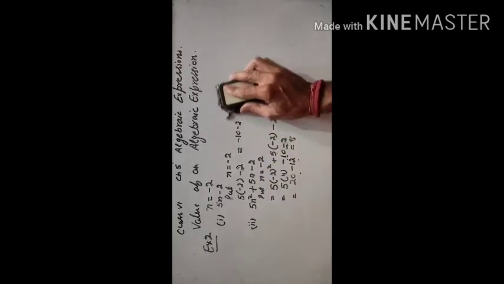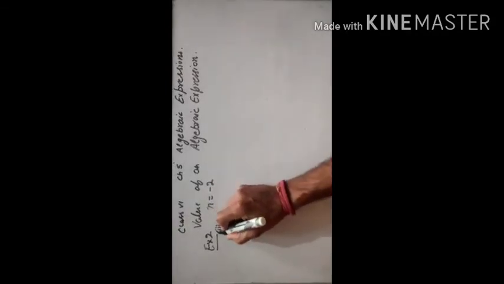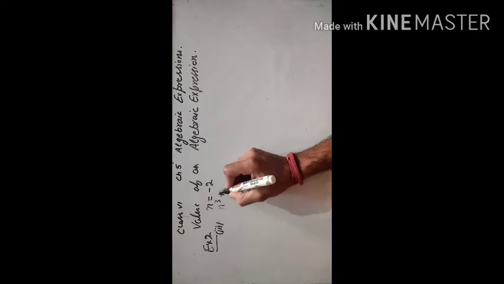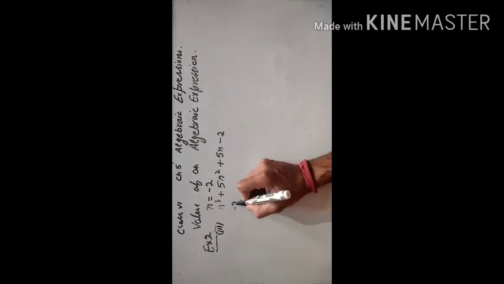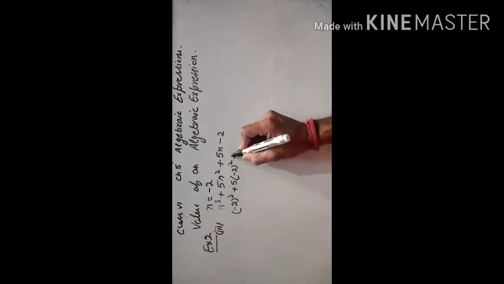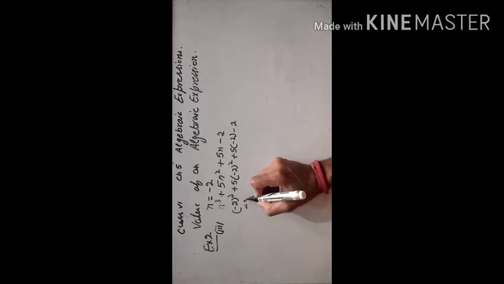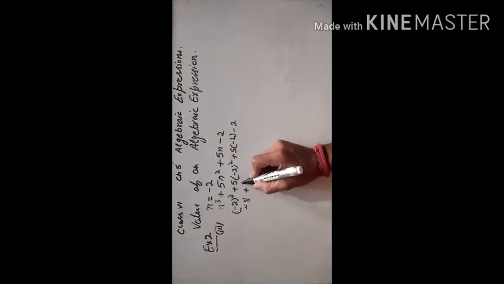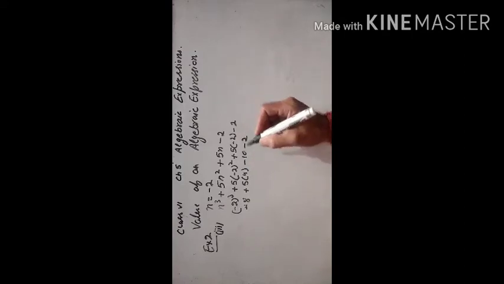Next part is the third part: n cube plus 5n square plus 5n minus 2. n cube is minus 2 cube plus 5 into minus 2 square plus 5 into minus 2 minus 2. 2 cube is minus 8, plus 5 into 4 is 20, minus 10 minus 2 is minus 12.